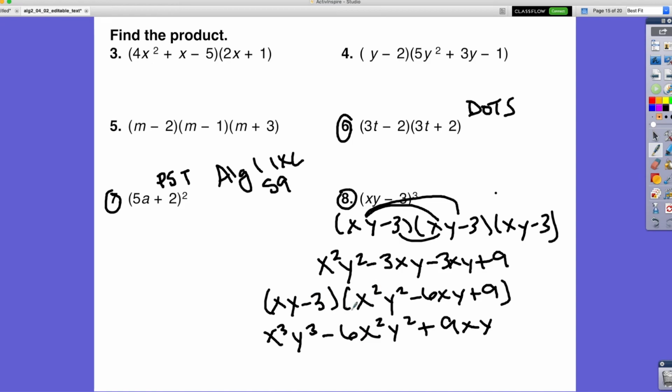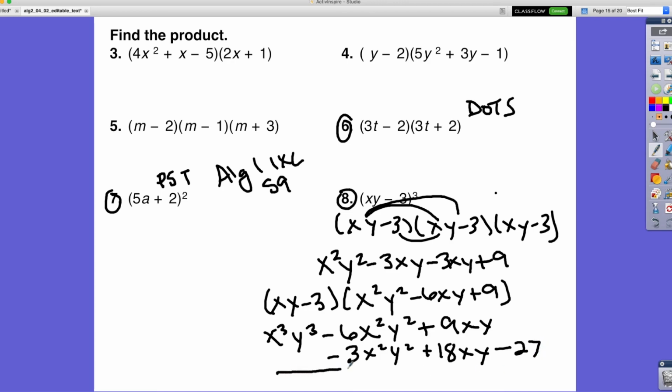Negative 3 times x squared y squared. Negative 3 x squared y squared. Negative 3 times negative 6xy, plus positive 18xy. Negative 3 times 9, minus 27.